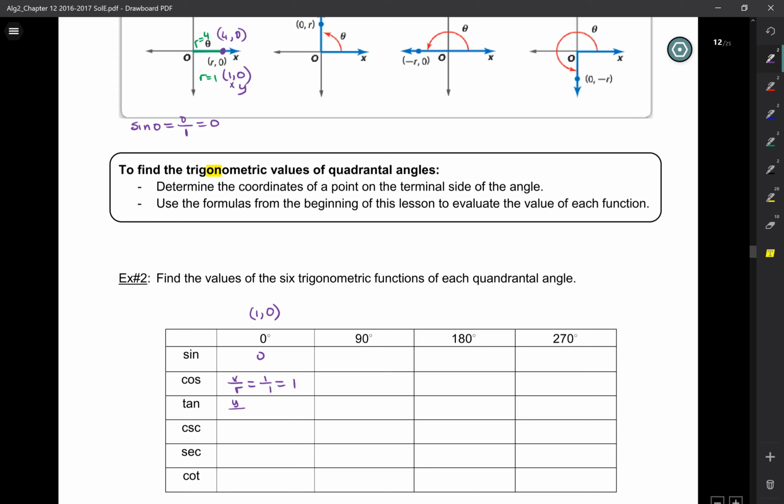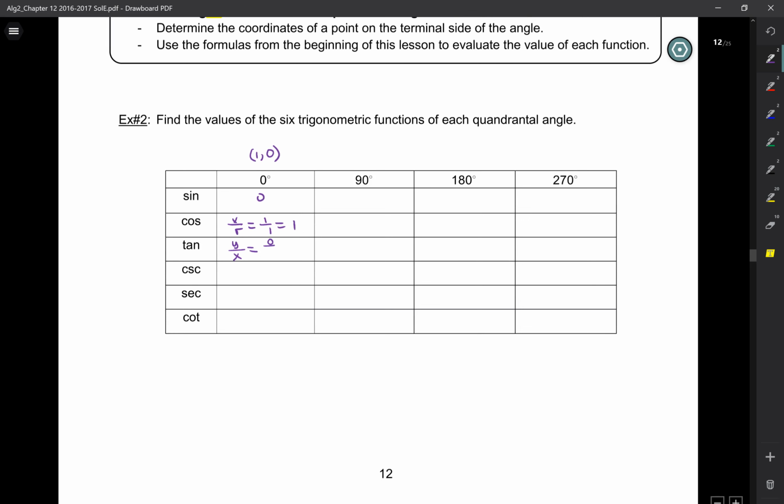Tangent would be y over x, which in this case is what over what? 0 over 1, which is 0. Now, cosecant is the reciprocal of the sine. So it's going to be 1 over 0, which is how much? 1 over 0 is undefined, because you can never divide anything by 0.